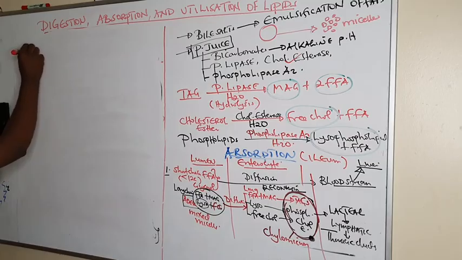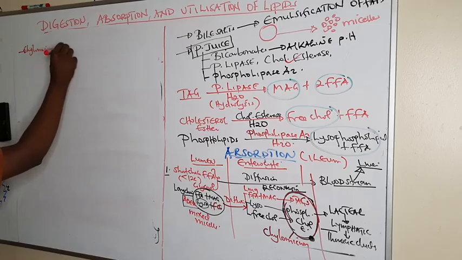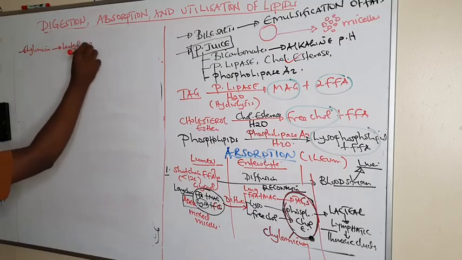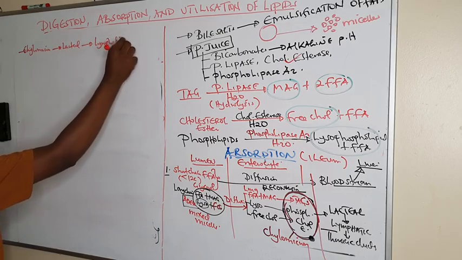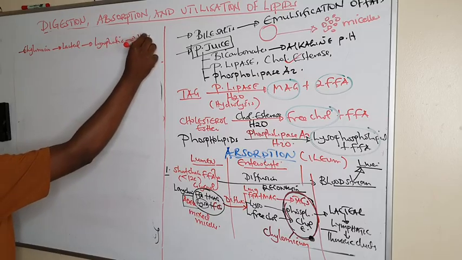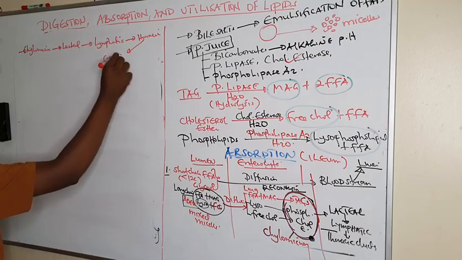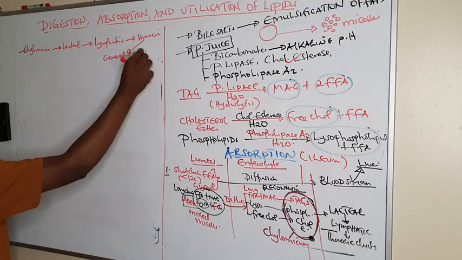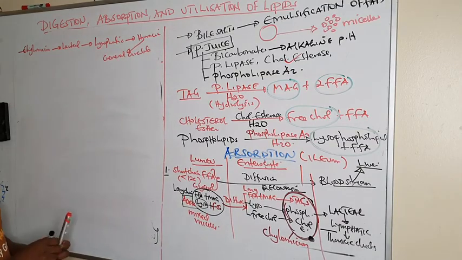We have the chylomicron moving via the lacteal to the lymphatic vessels, then to the thoracic duct, and then finally into general circulation. And when it reaches the general circulation, it is going to be distributed.